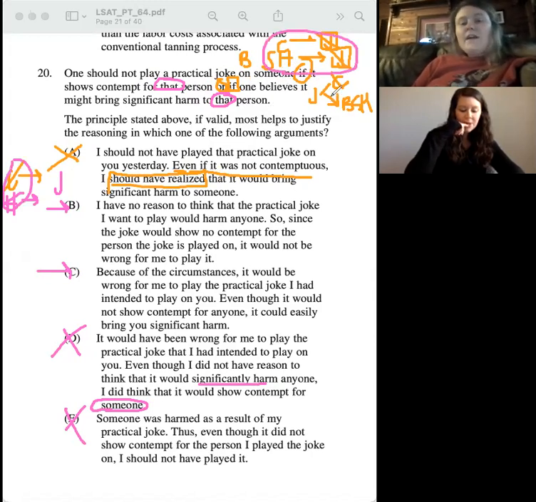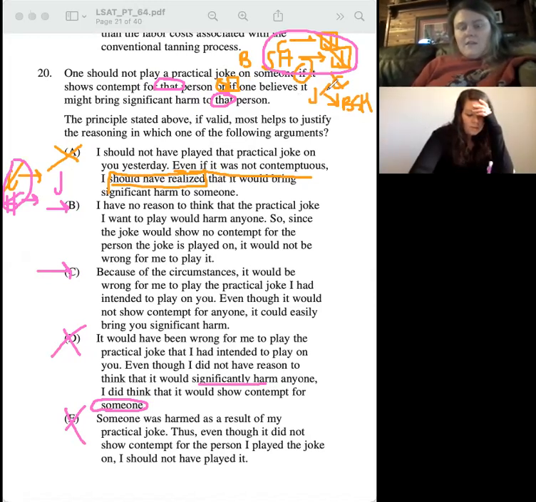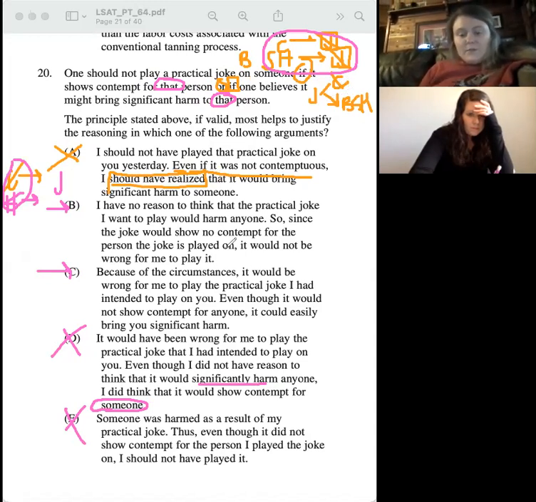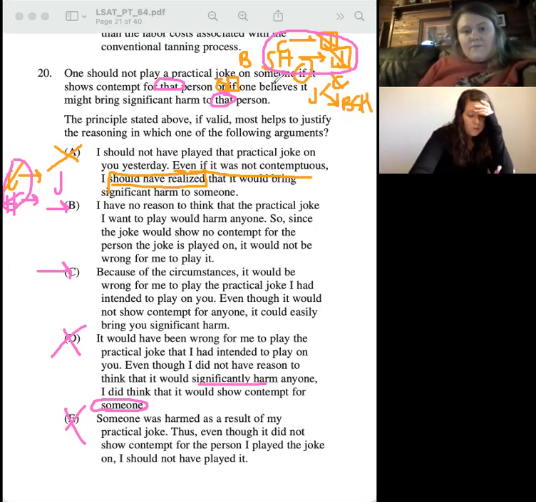Oh, so it's like reversed. If we played a joke and it was okay, that means that these two things didn't happen, but that doesn't mean that it was okay in the first place. We don't have sufficient information for that. All we know is that if these two things happen, we should not play the joke.